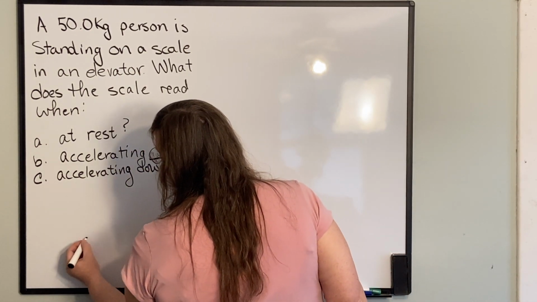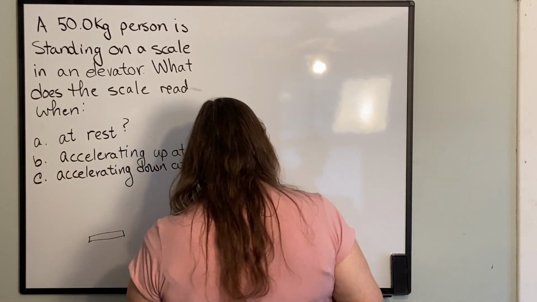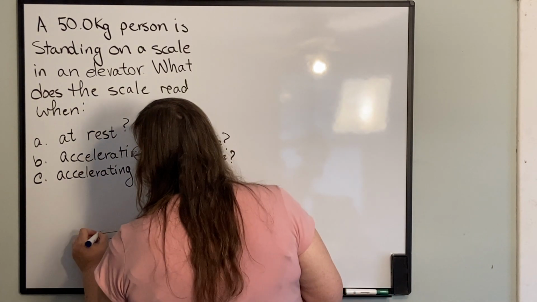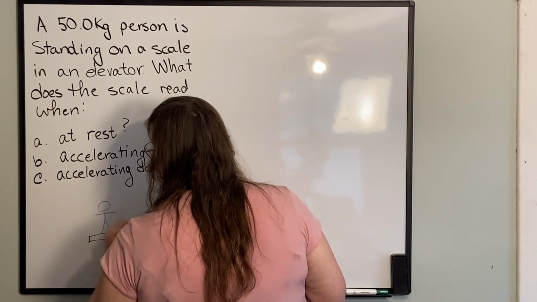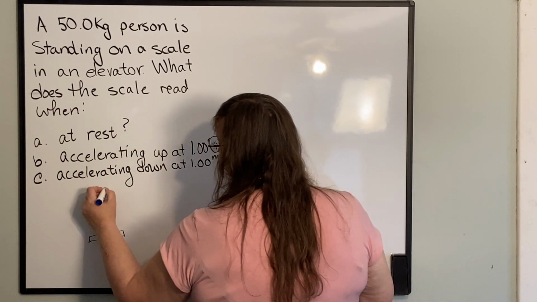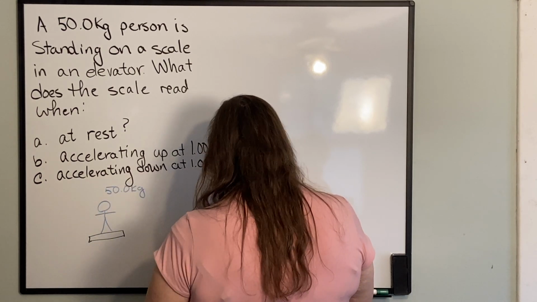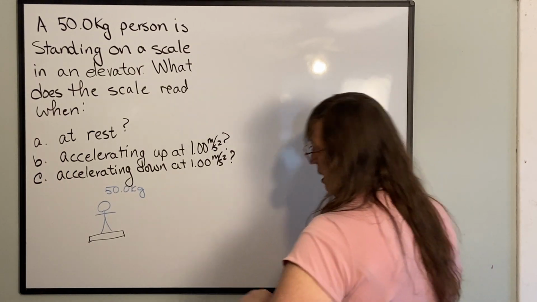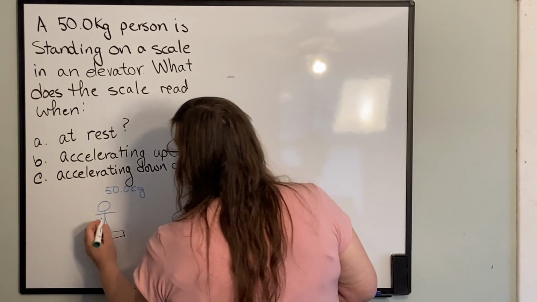I'm not going to draw the actual elevator car, but there's the scale the person's going to stand on, and there's my 50 kilogram person. Now we can start by looking at what forces we know are acting on this person.